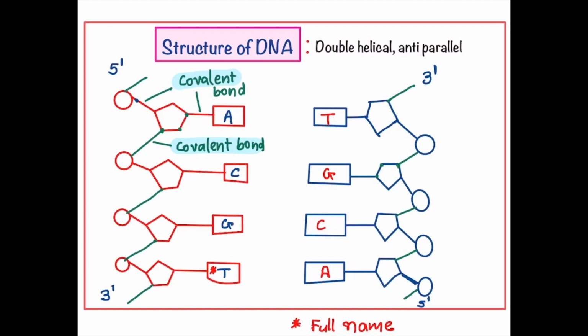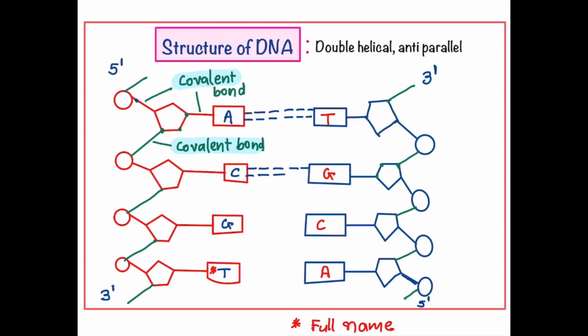Okay. Now, how will this A join with the T? This A is always joined with the T by not forming covalent bond but forming hydrogen bond. So the two strands of the DNA are joined together by forming hydrogen bond. Within the strand of DNA, nucleotides are joined together by forming covalent bonds.